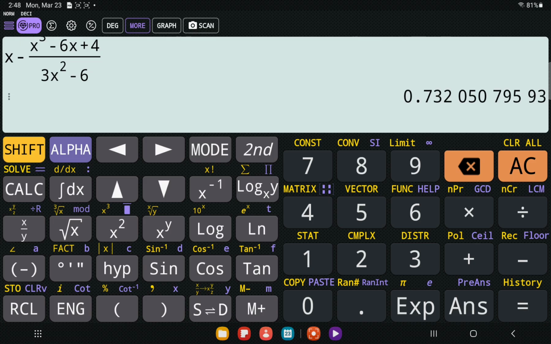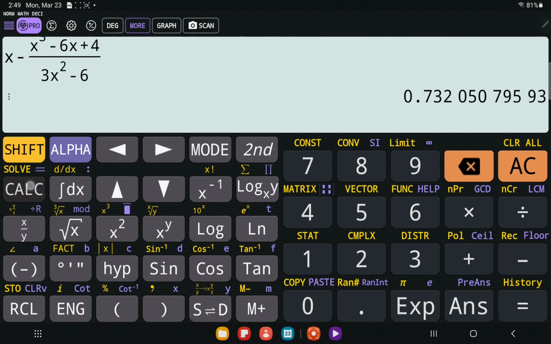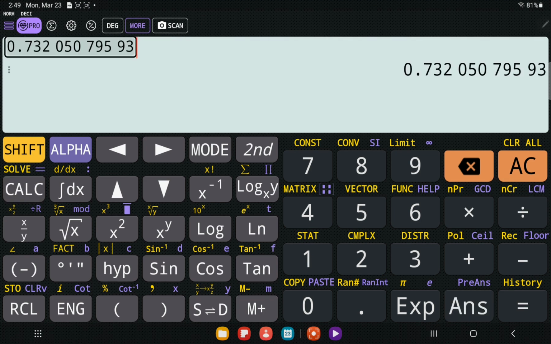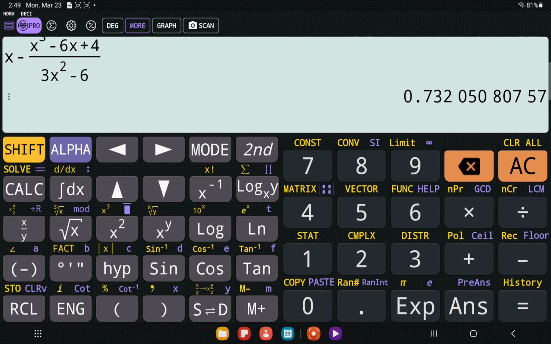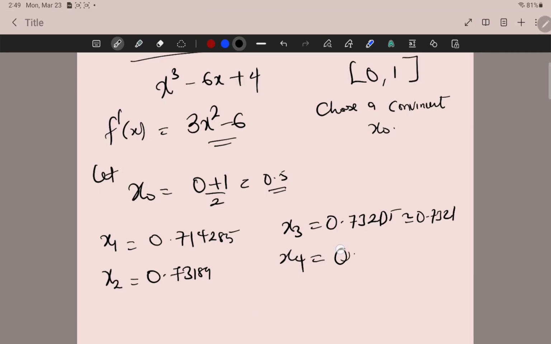You see? x3, 0.7321. x4, calc at the previous answer, 0.7321. So you see, 0.7321.